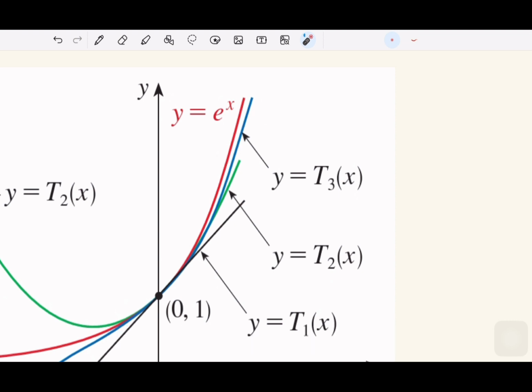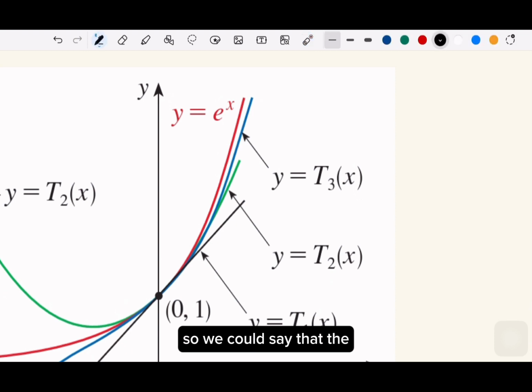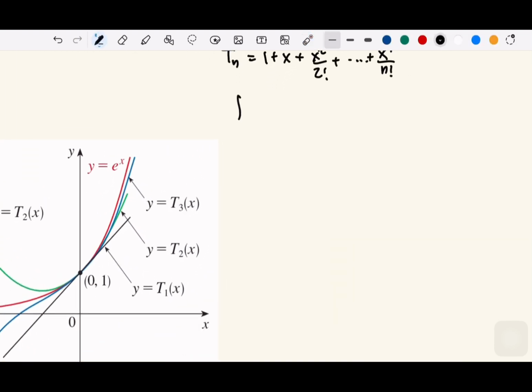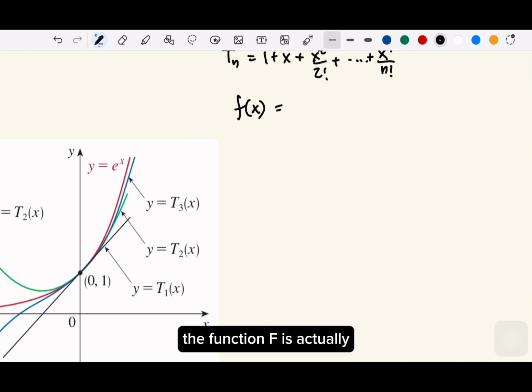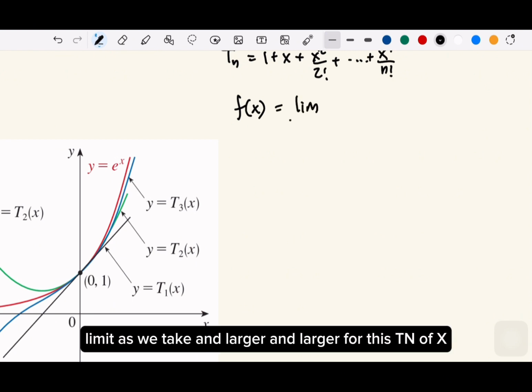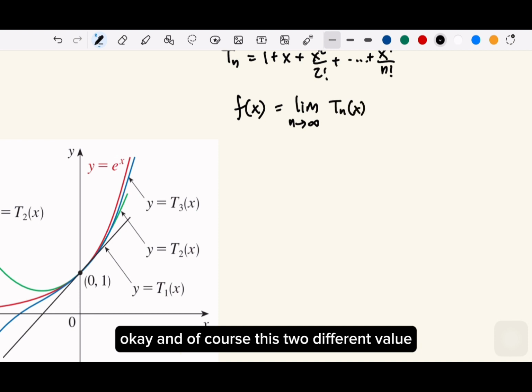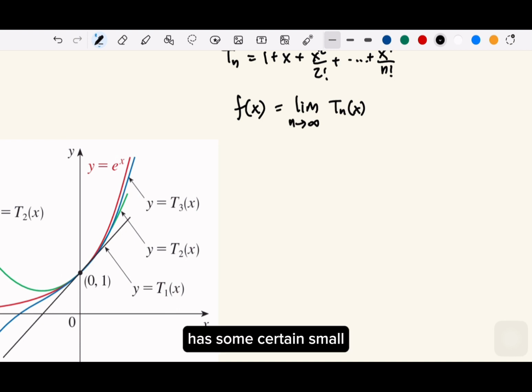So we could say that the function f is actually the limit, as we take n larger and larger, of this Tn of x. And of course these two different values have some small differences, right?